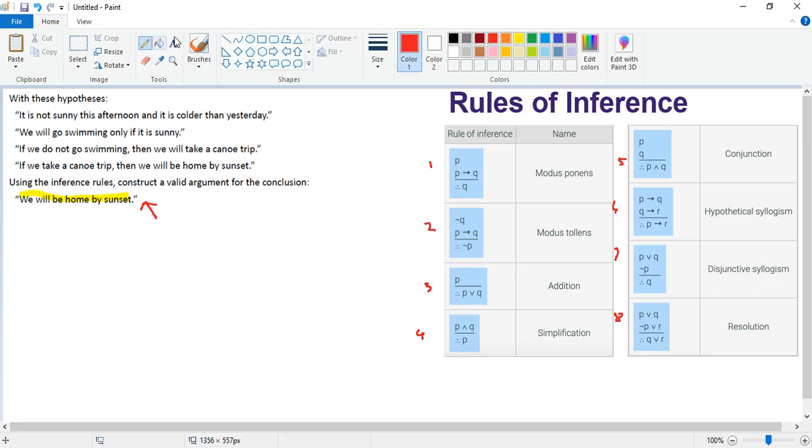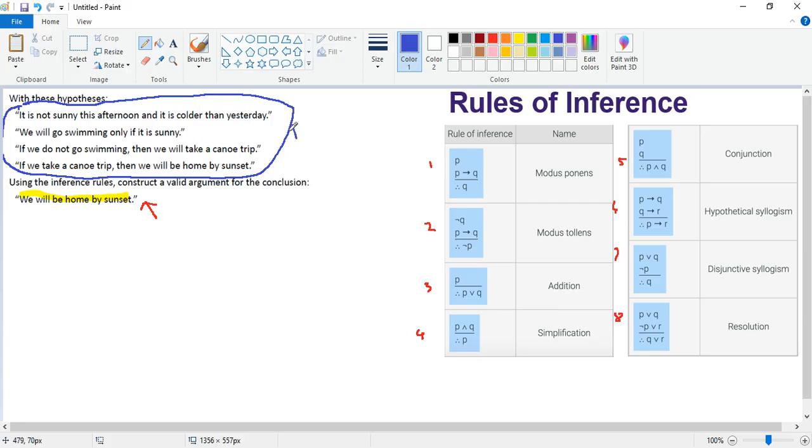So, we'll start with this example and then we'll work on other problems as well from the model question paper. So, this one here, the structure is like this. You'll be given a set of arguments. So these here are a set of arguments, or you can also call it hypothesis.